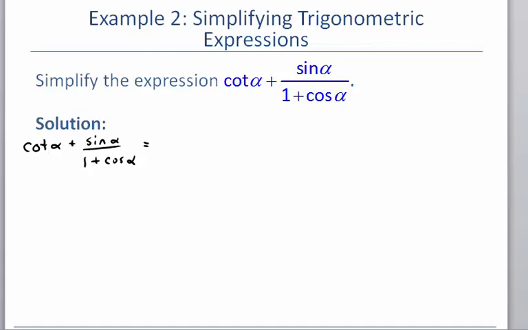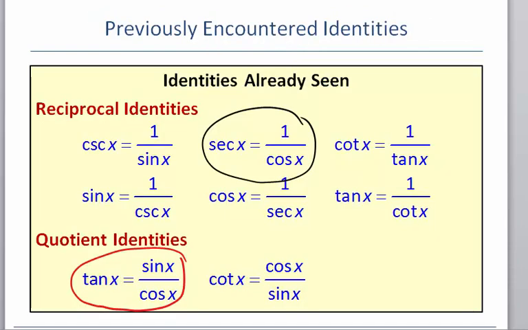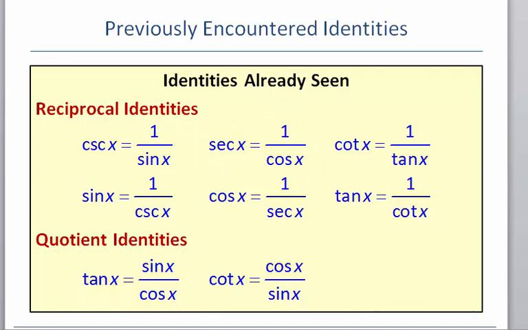So the first thing I'm going to do is try to find an identity that can be used for cotangent. I would like the entire problem to be written in terms of sines and cosines. So if I go back to here, we note this identity, that cotangent is equal to cosine over sine.